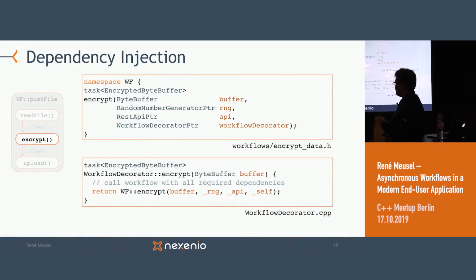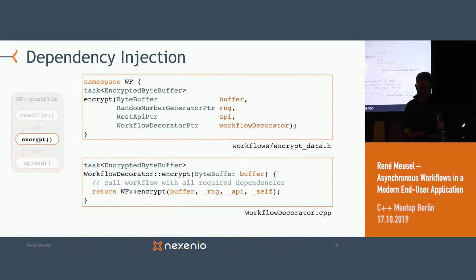The facade function, the wrapper function in the workflow decorator for this encrypt function, is publicly just what we would expect: it takes the buffer that is supposed to be encrypted, and then internally calls the actual workflow and injects all the requirements that this workflow might need. Now, for simplicity, I just spelled that out here.